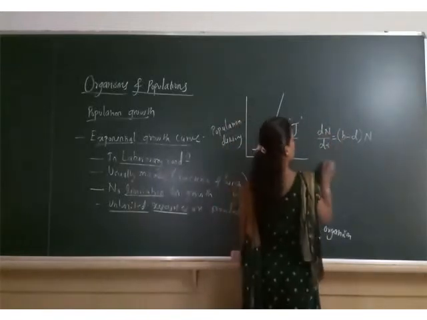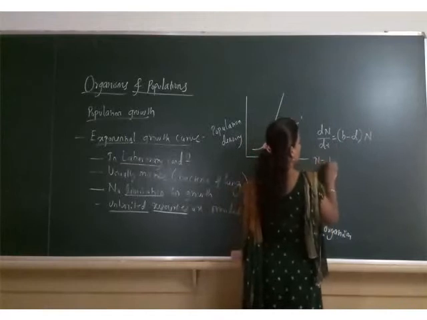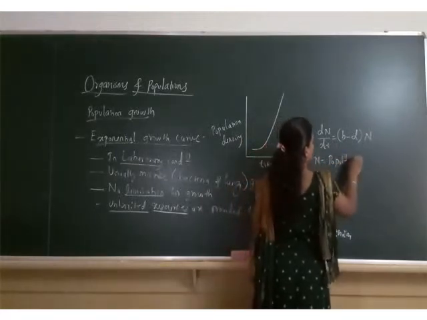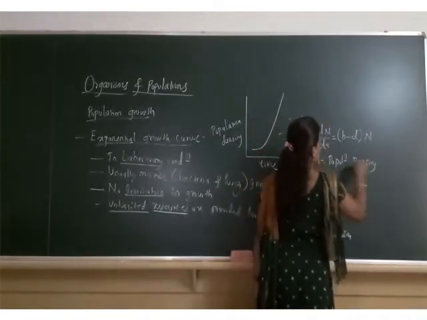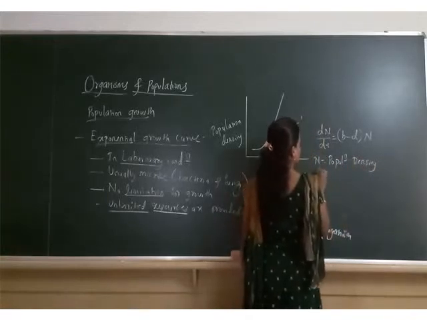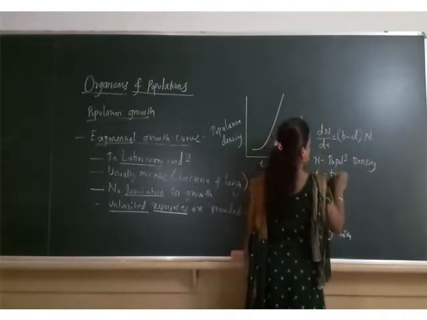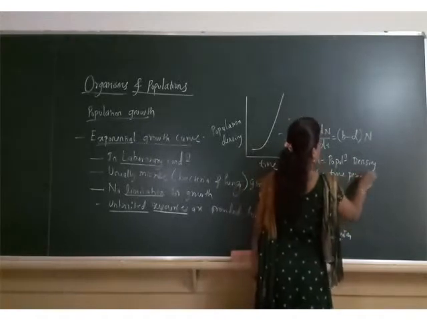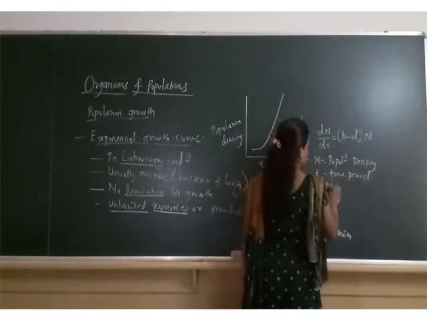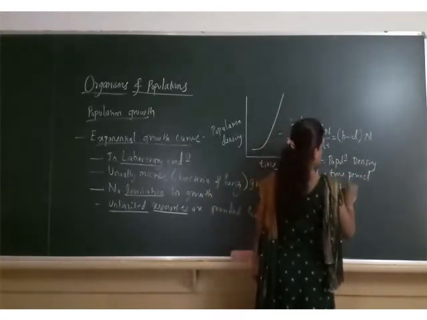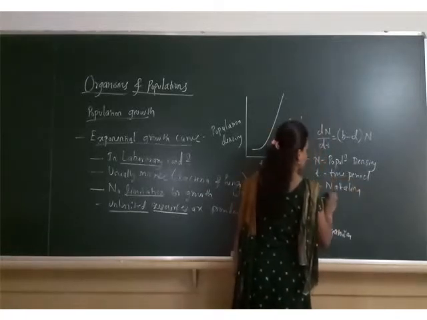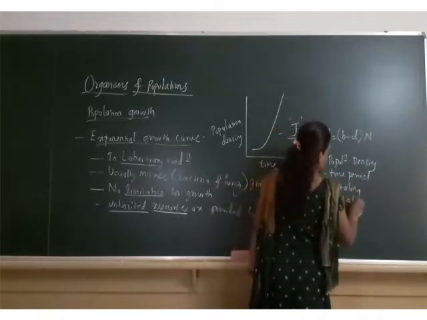Okay, N means population density. Okay, t means time period. b means natality, d means mortality.